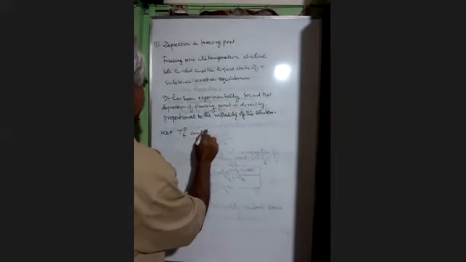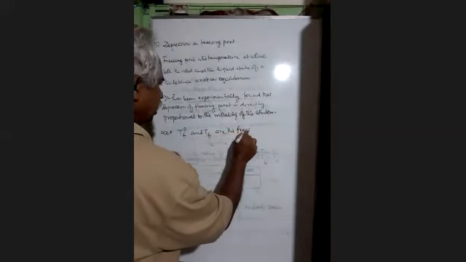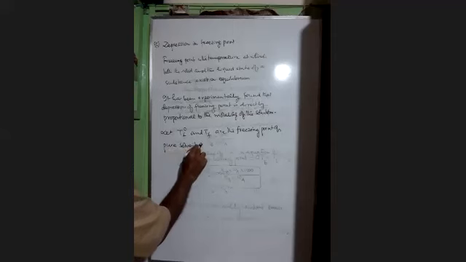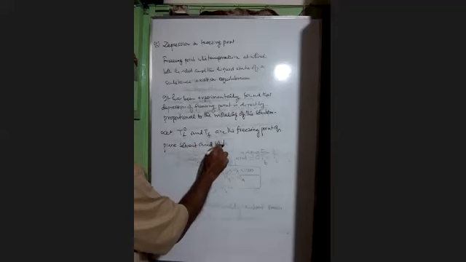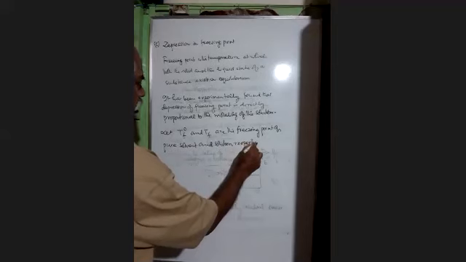Okay. Then let me write here. Let TF0 and TF are the freezing point of your solvent and solution respectively.